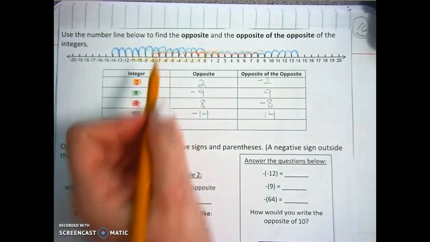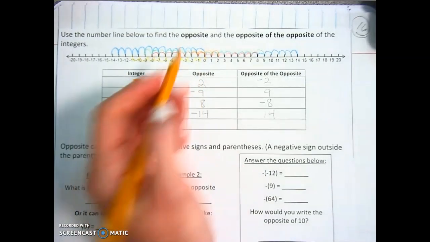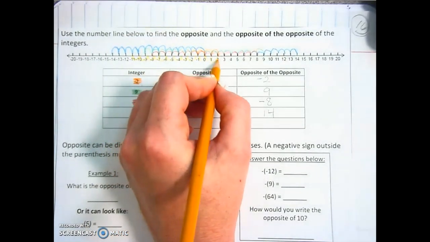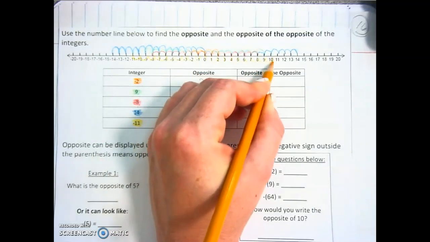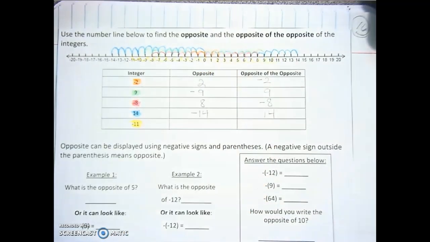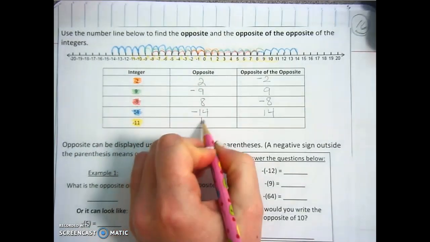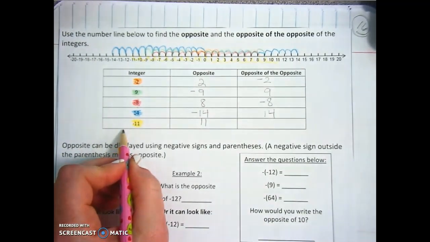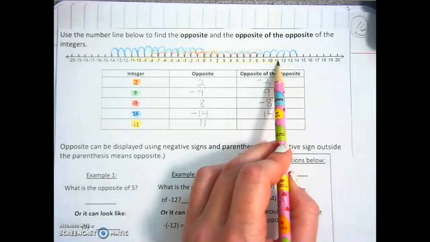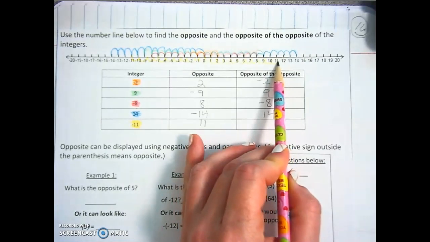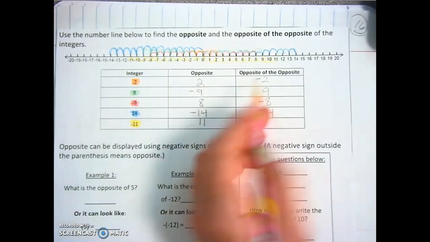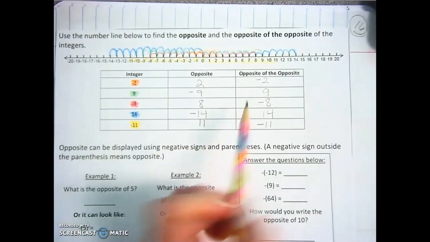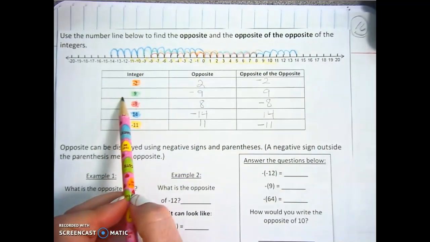Now I'm going to go the opposite way to find the opposite integer. 1, 2, 3, 4, 5, 6, 7, 8, 9, 10, 11. So I land on +11. That is my opposite of -11. So the opposite of the opposite, which is +11, goes back to -11. The opposite of the opposite is just the original integer.